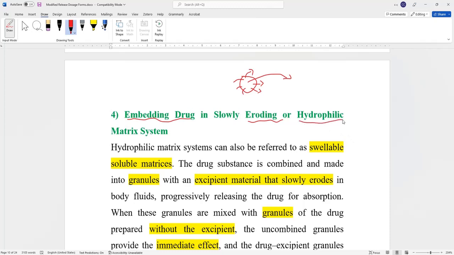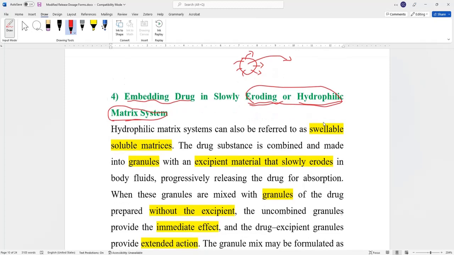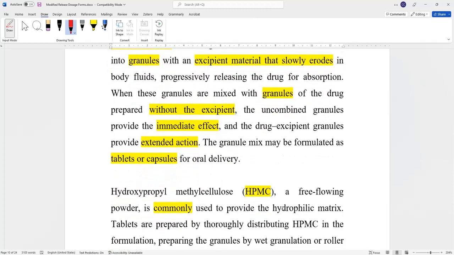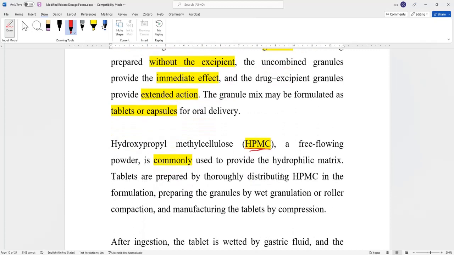Or hydrophilic, you know, loving water matrix. The matrix system that we are using must be eroding or hydrophilic. Okay, these are the characteristics. One famous example for such a matrix is HPMC. This is one commonly used matrix.